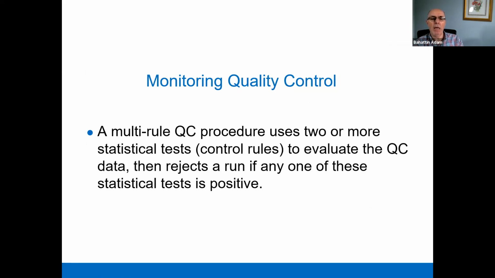A multi-rule QC procedure uses 2 or more statistical tests to evaluate the QC data. Then you reject a run if any one of these statistical tests is positive.